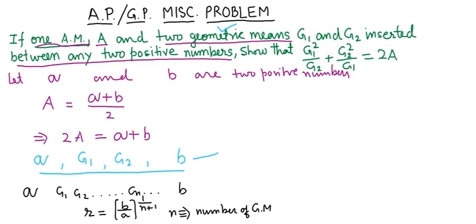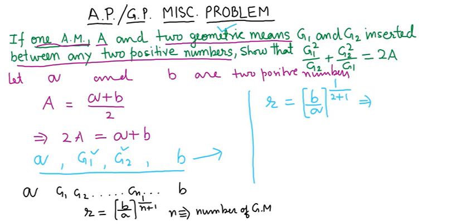Okay, so see here, for this part, r will equal (b by a) raised to the power 1 upon the number of geometric means, which are 2, so 2 plus 1.